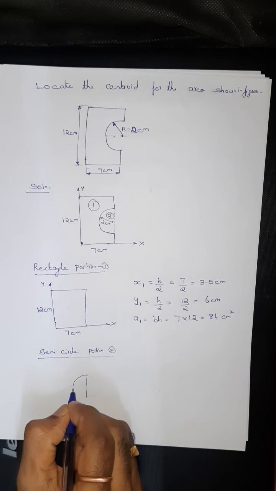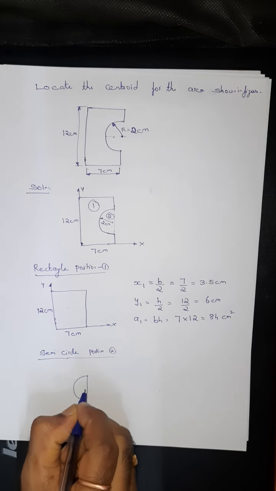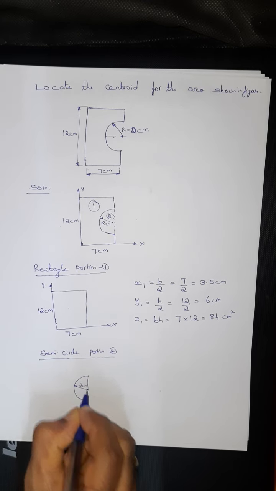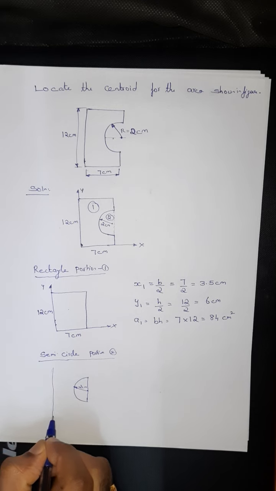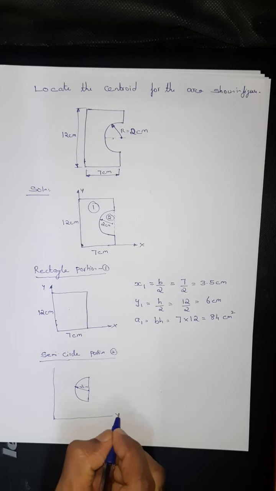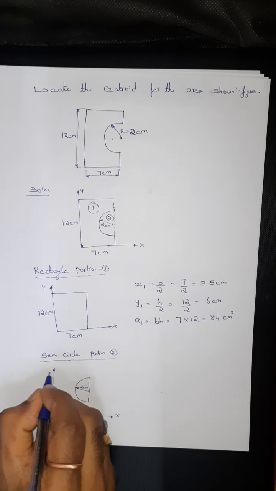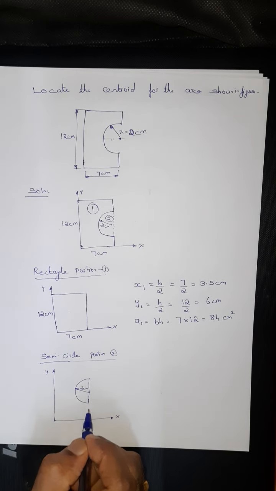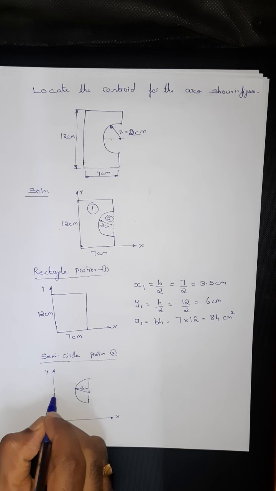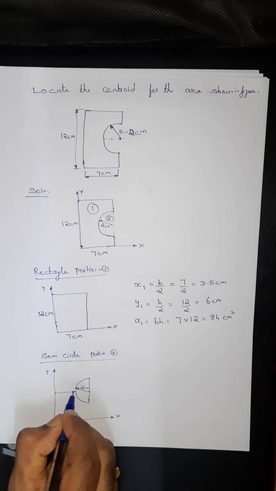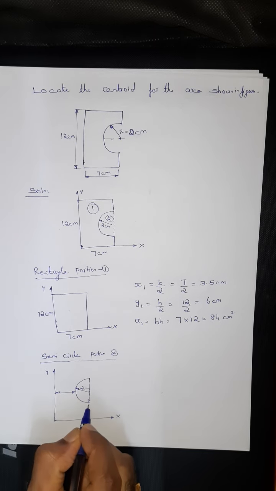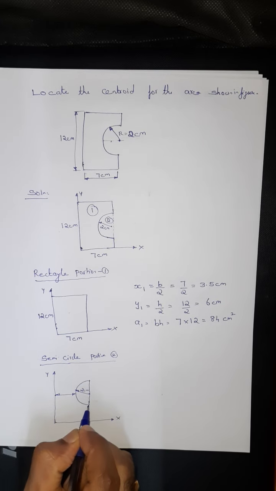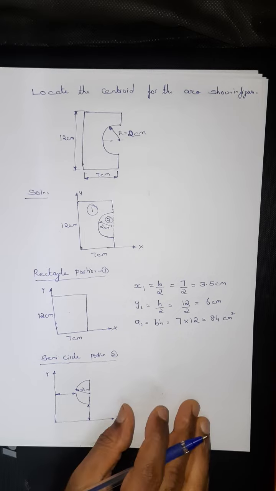This is a semicircle of radius 2 centimeter. From the reference axis, that is x and y, from here how much distance, and from here how much distance we need to know. Then only we would be in a position to solve this. So this height and this distance are to be known.